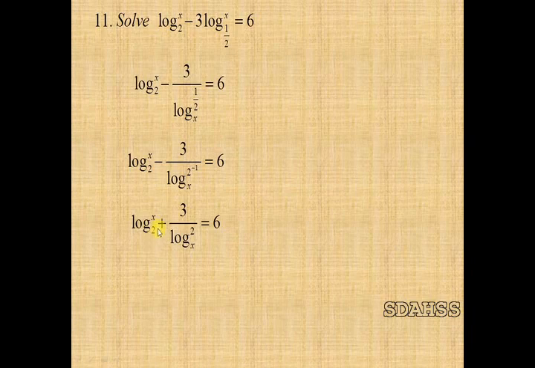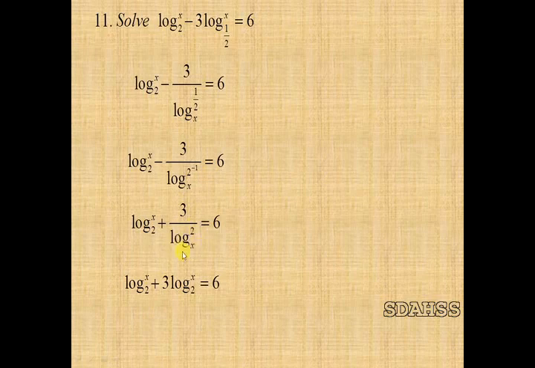Log x base 2. Bring this power in front of logarithm. So this becomes a minus log 2 base x. Already one minus is there. So minus into minus plus. So it becomes 3 by log 2 base x is equal to 6. Keep the first term as it is, log x base 2 plus 3 log 2 base x.